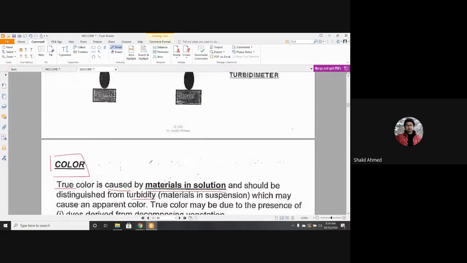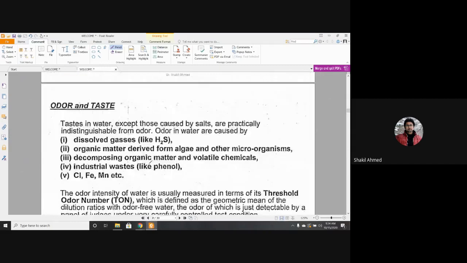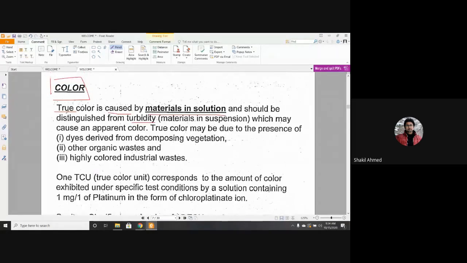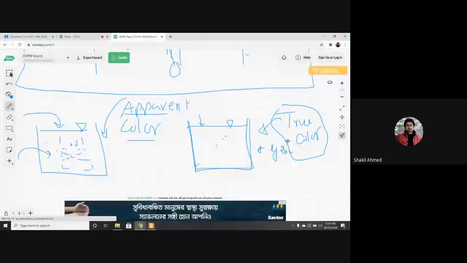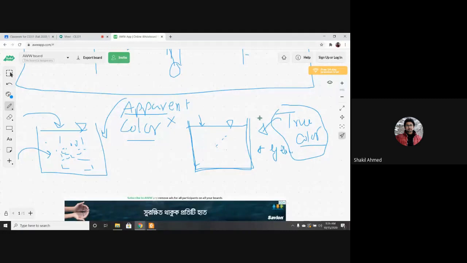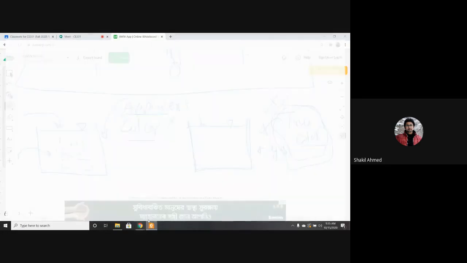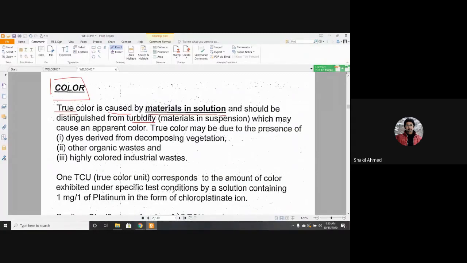So there are two types of color: true color and apparent color. We're not worried about apparent color, as it can easily be filtered out. We are concerned about true color, so in the lab we measure the true color.